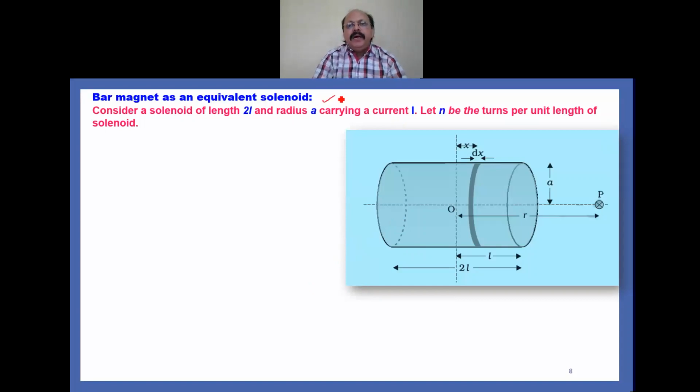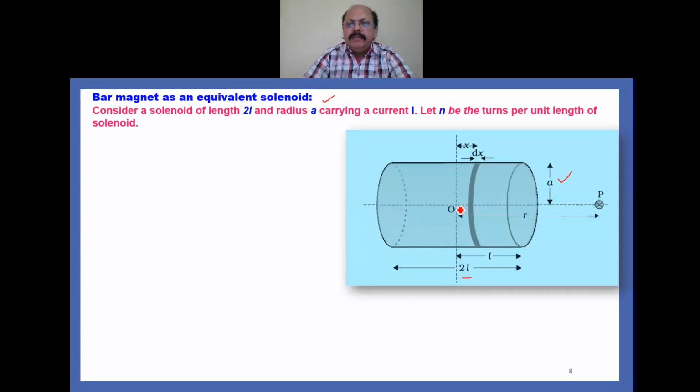For that purpose, we consider a solenoid of length 2L, of radius a, carrying the current I. Let small n be the number of turns per unit length of the solenoid. Now here we have to find the magnetic field at point P from the center of the solenoid.